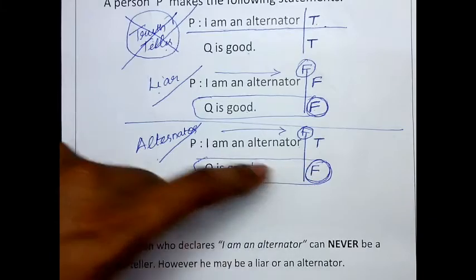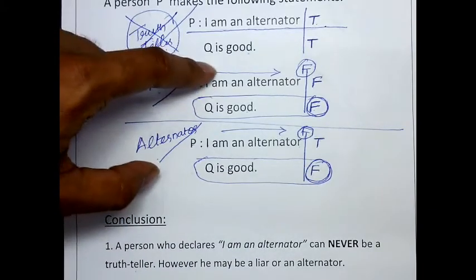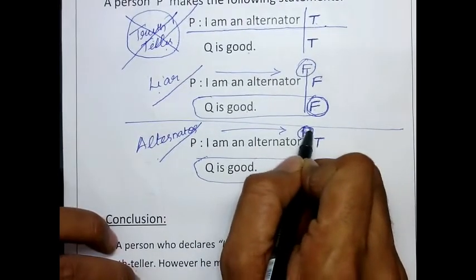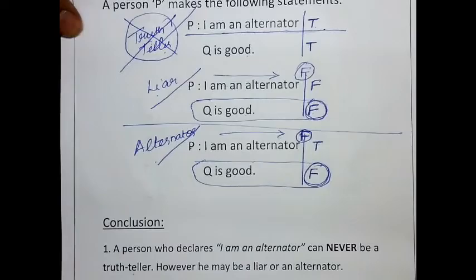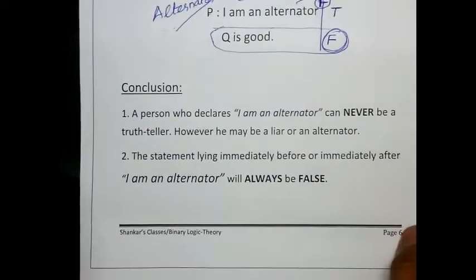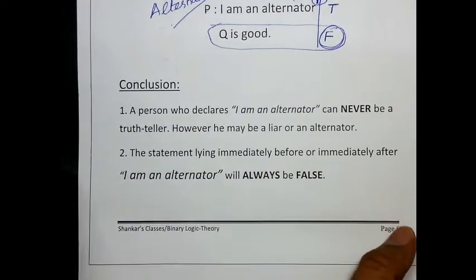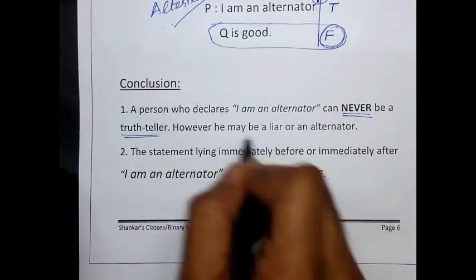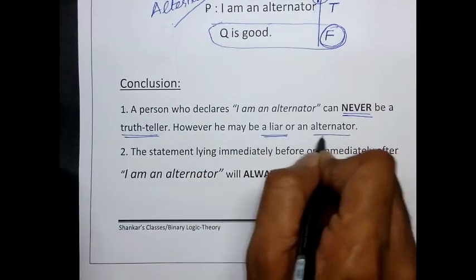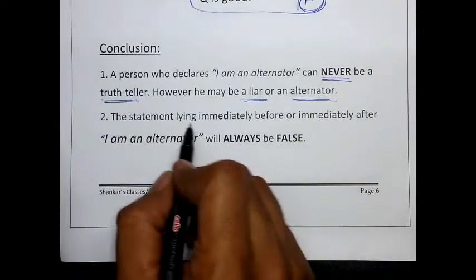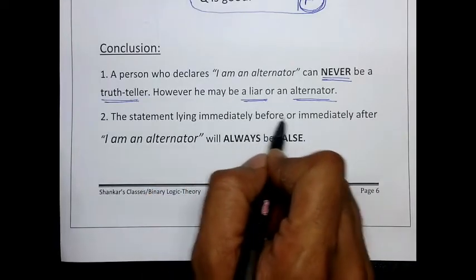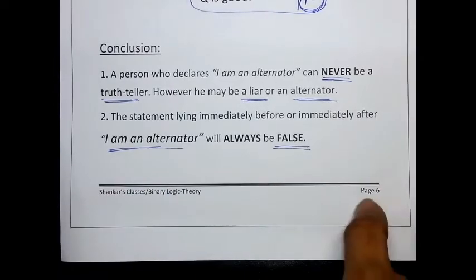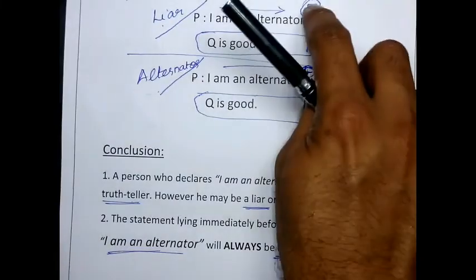If some statement is there prior to I am an alternator, that also will be false. Now the logical conclusion is this: a person who declares I am an alternator can never be a truth teller. He may be a liar or an alternator. The statement that is lying immediately before or immediately after I am an alternator will always be false, as you can see here.